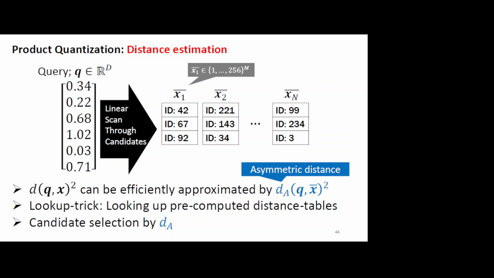And then we just take this result. Although it's not very accurate, we still use the result to sort and then find our candidates to return the top k nearest neighbors.